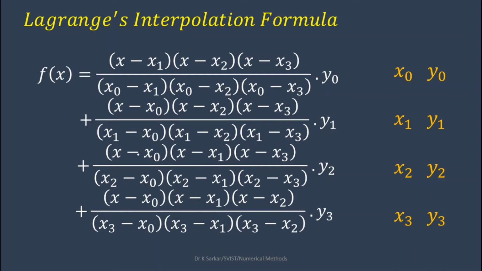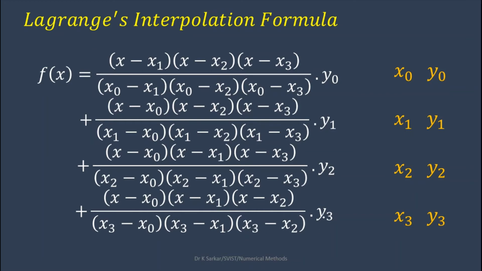Here x2 is left, and in the denominator x0, x1, x3 are subtracted from x2, and the term is multiplied by y2. In the fourth term, x0, x1, x2 are subtracted from x, leaving x3, and in the denominator x0, x1, x2 are subtracted from x3. The whole term is multiplied by y3.